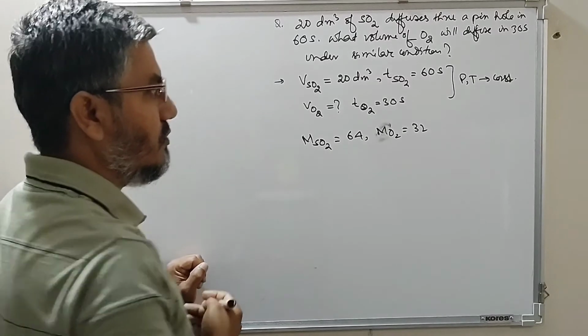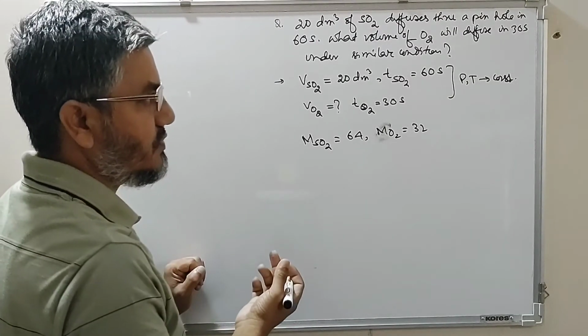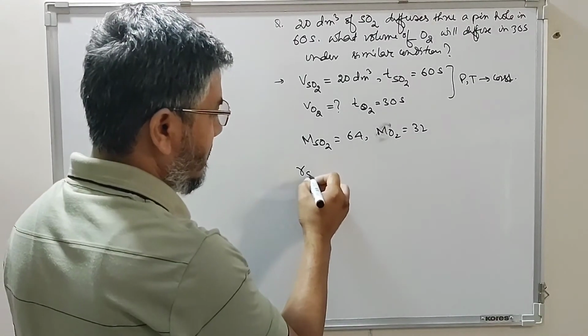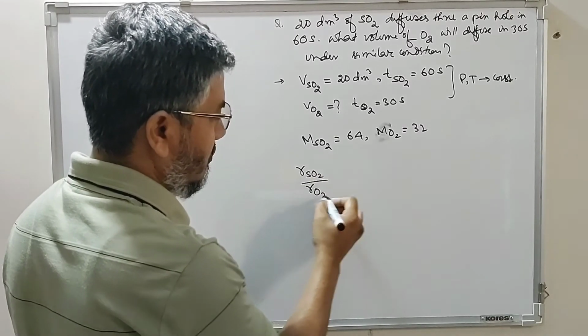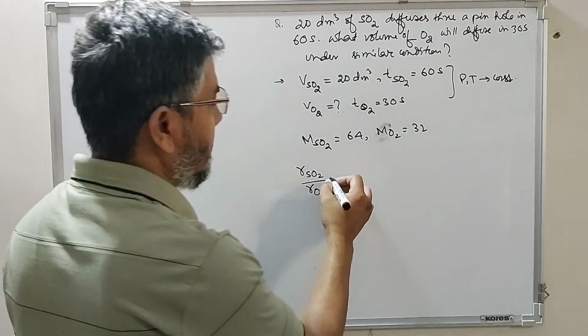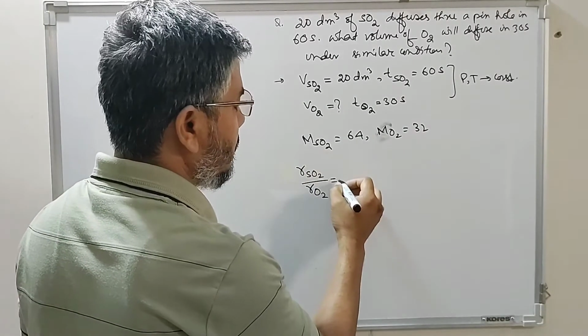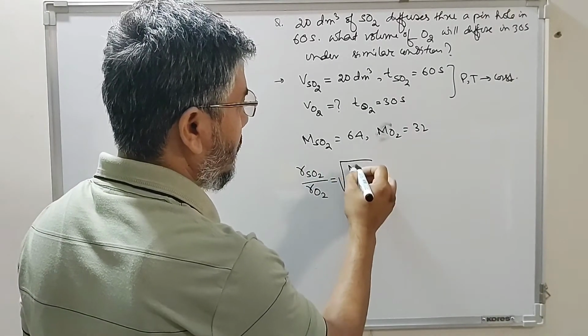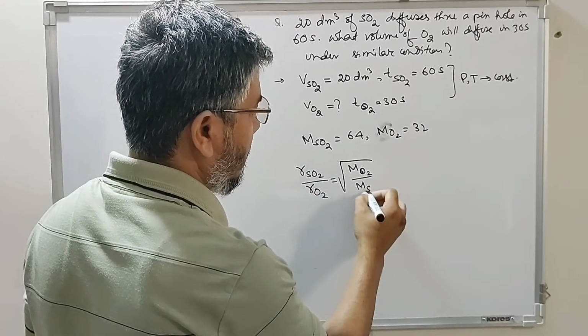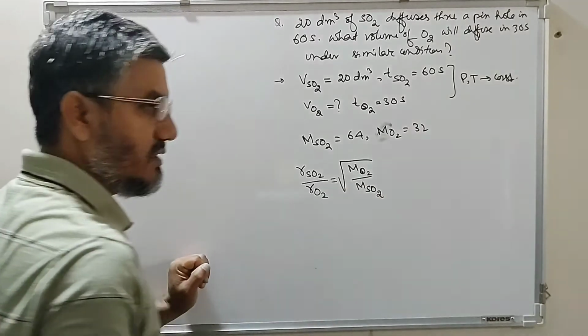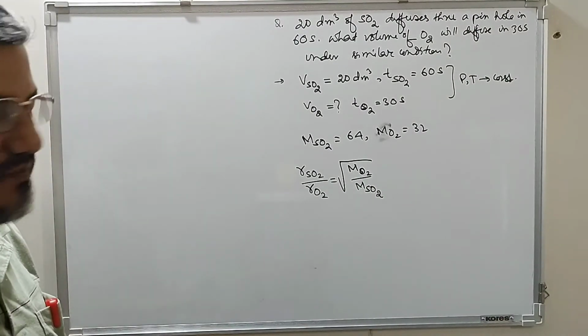Now take this ratio. The rate of diffusion of sulfur dioxide divided by the rate of diffusion of oxygen is equal to under root of the molar mass of oxygen divided by the molar mass of sulfur dioxide. This is from Graham's law of diffusion.